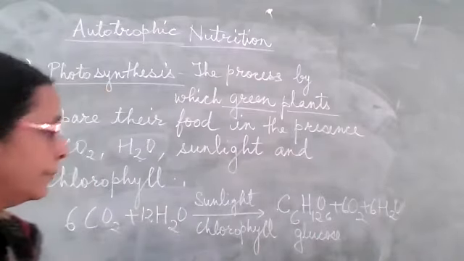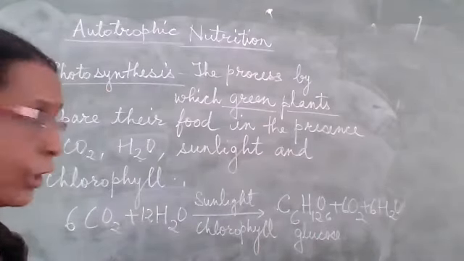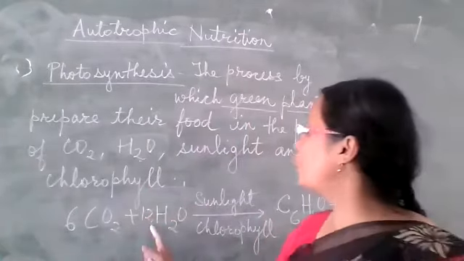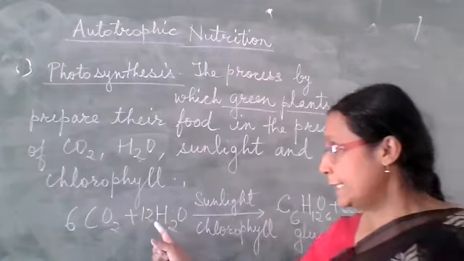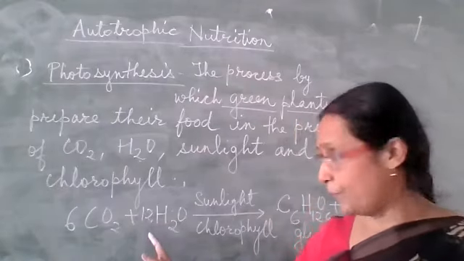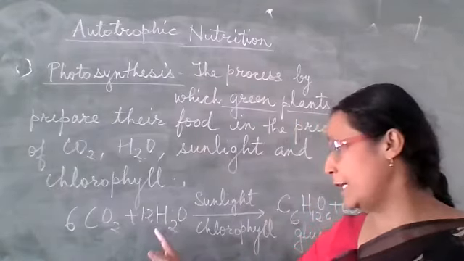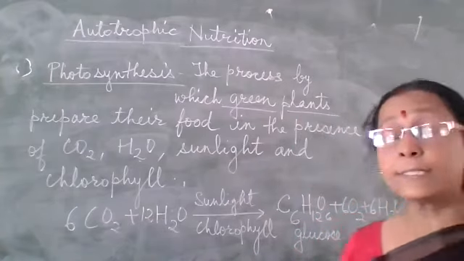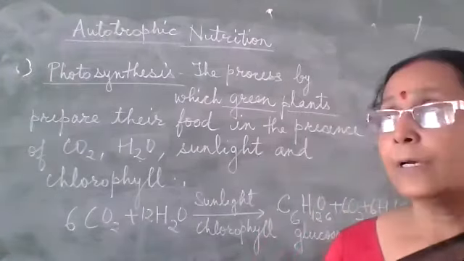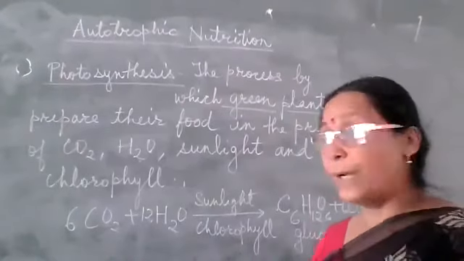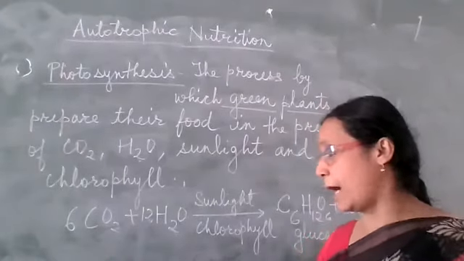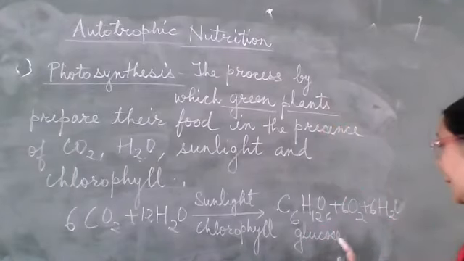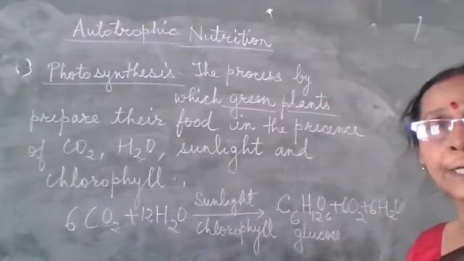Now, in a few books or old edition books, instead of 12 H2O, it is written 6 H2O. But 12 H2O is more right. Why? Because some botanists showed experimentally that when plants photosynthesize, they are compelled to release water.